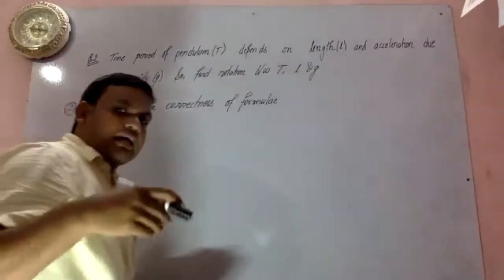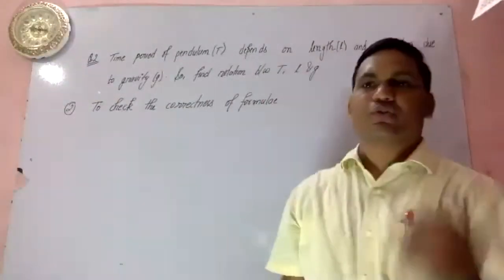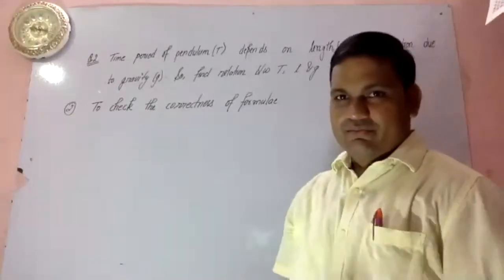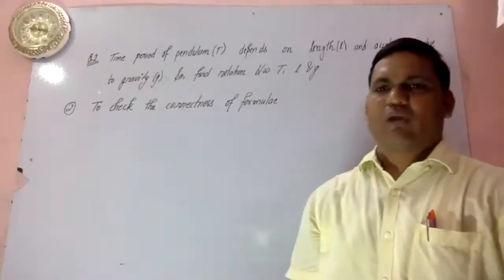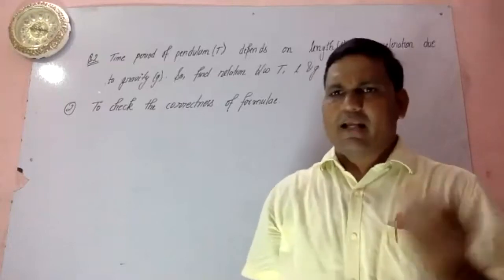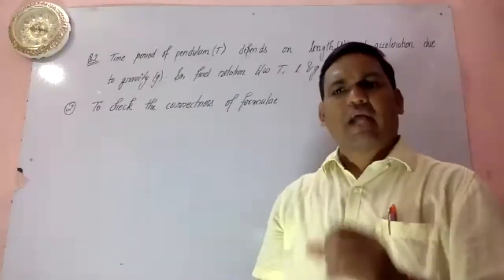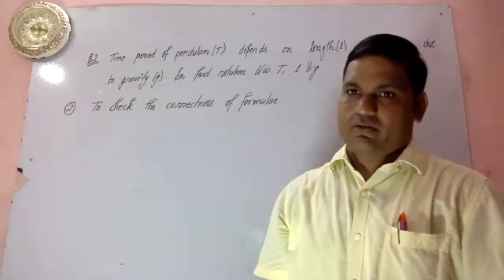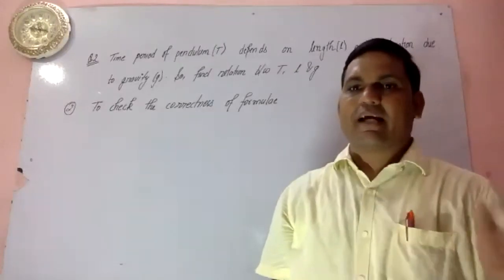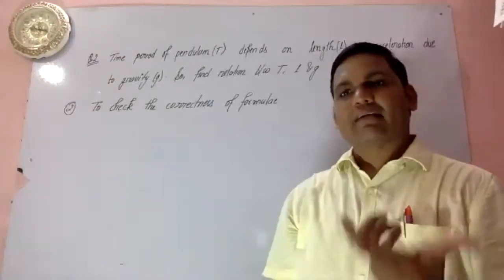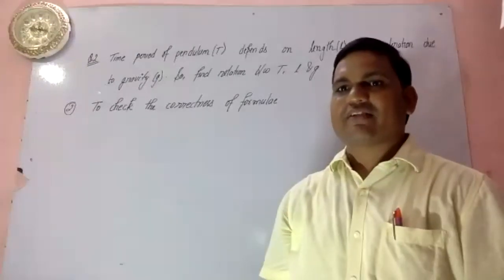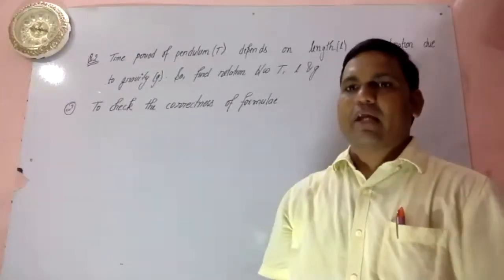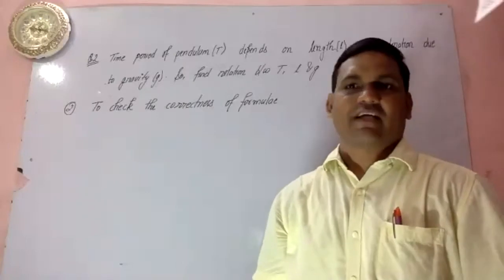For checking the correctness of a formula, you should just check whether the dimensional formula of the left hand side is equal to the dimensional formula of the RHS or not. If there is an addition or subtraction sign, then the dimensions of each individual physical quantity should be equal.